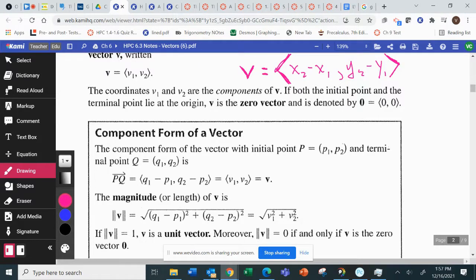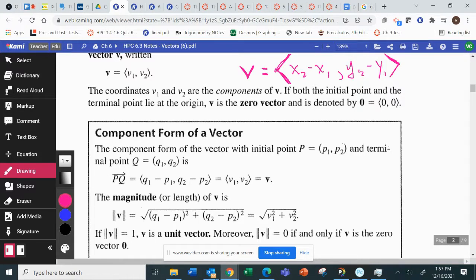And I feel like that was way more complicated than using the x2, x1. So I wanted to put my version of it up there instead of theirs, but it's the exact same thing. It's just different letters. I use x sub 2 to represent the second point, to represent that terminal point.